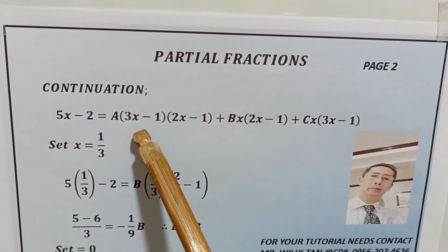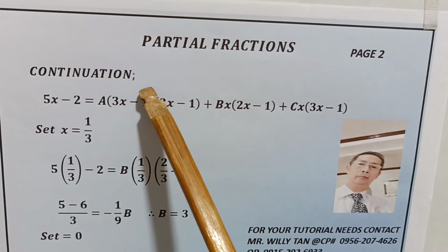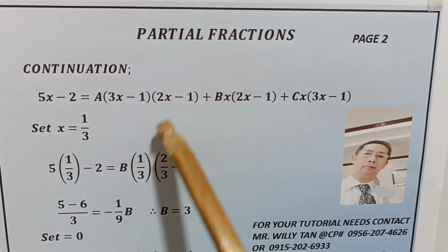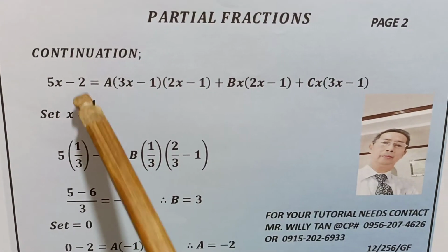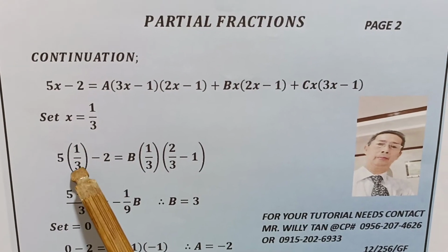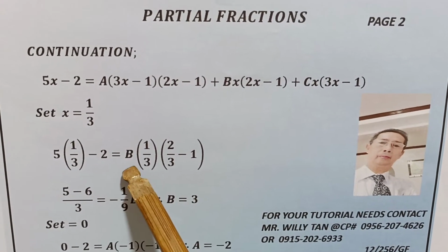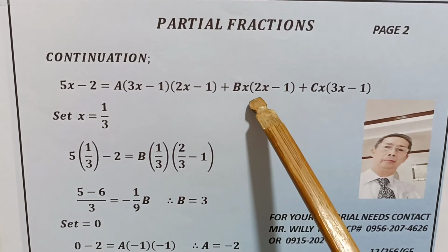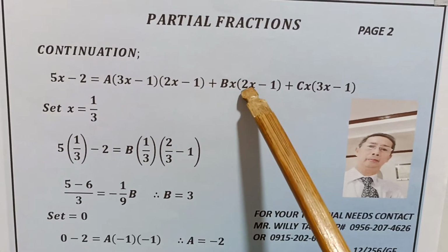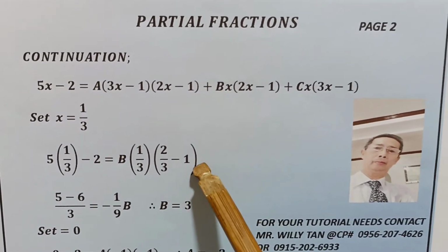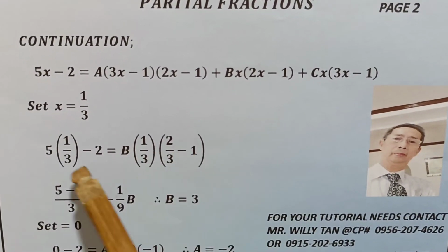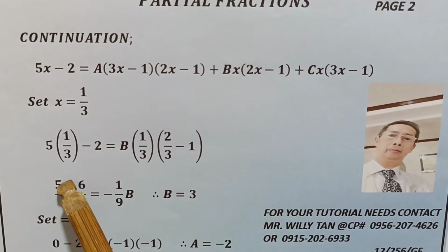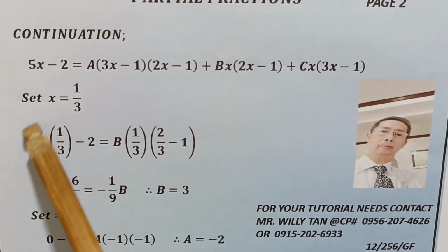What remains is, if we set x equal to 1/3, 5x minus 2, so x is 1/3 minus 2, what remains is b, x is 1/3, and this 2 times 1/3 is 2/3 minus 1. So this one becomes 5 minus 6.